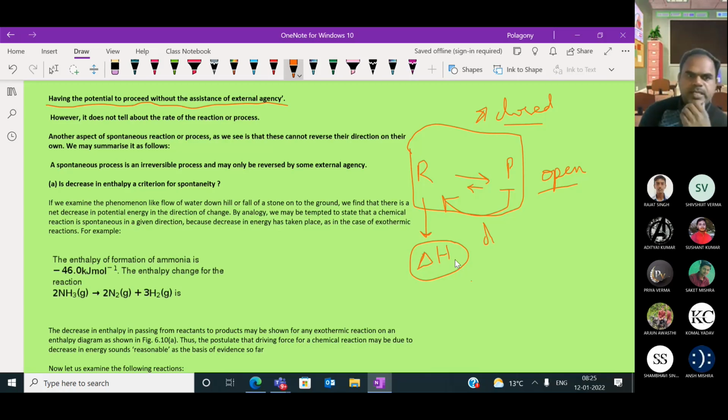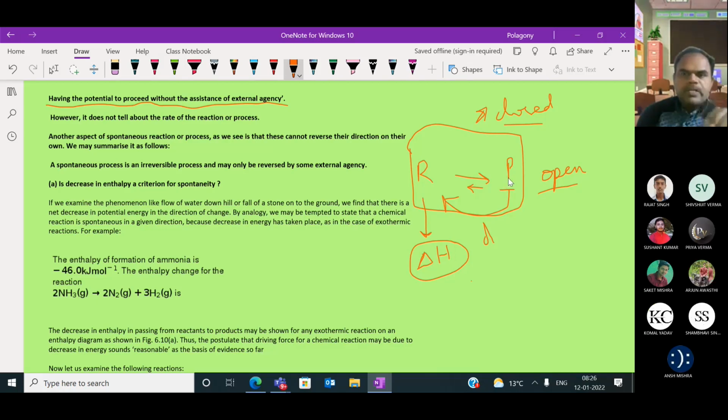We can give this example. That means the enthalpy of reactants decreases and the enthalpy of product increases in one particular reaction. So decreasing of enthalpy change is the reason for the spontaneity.